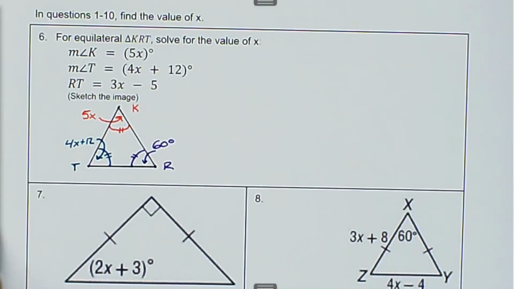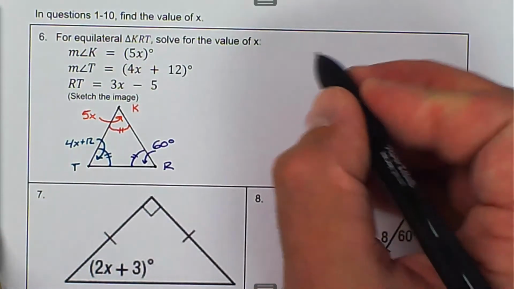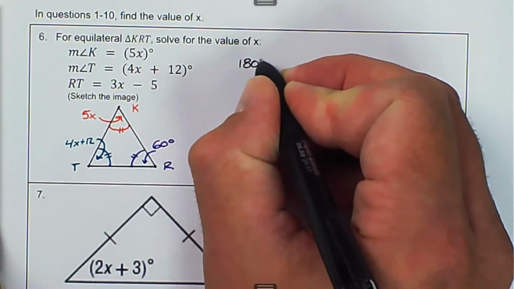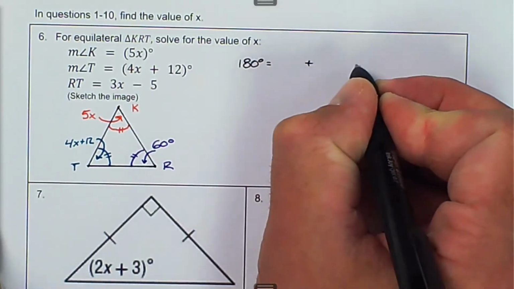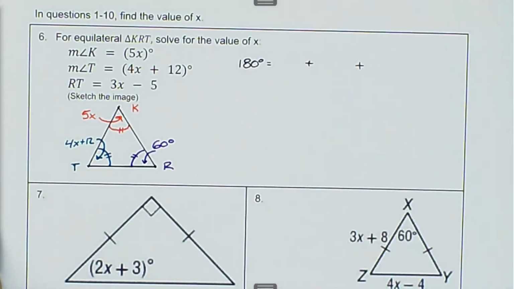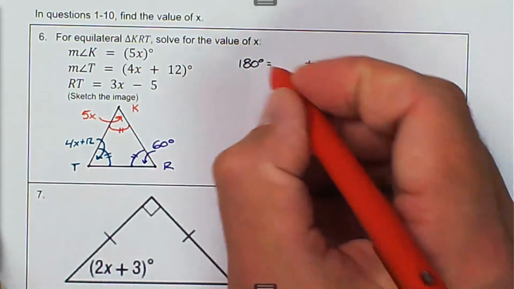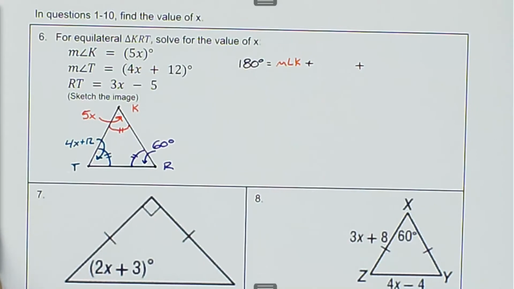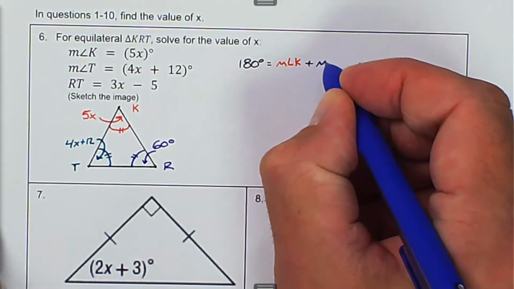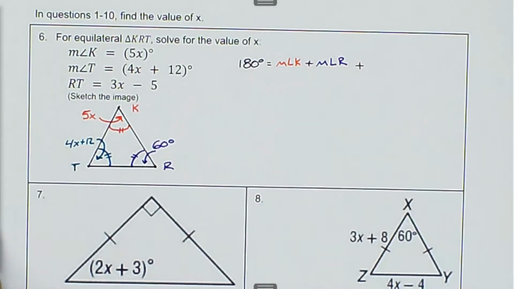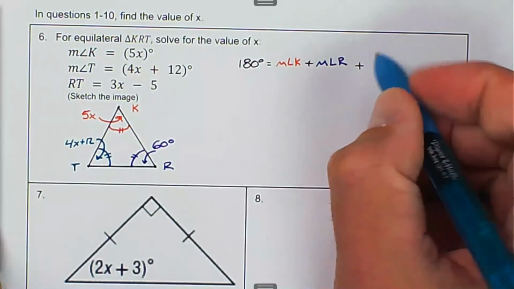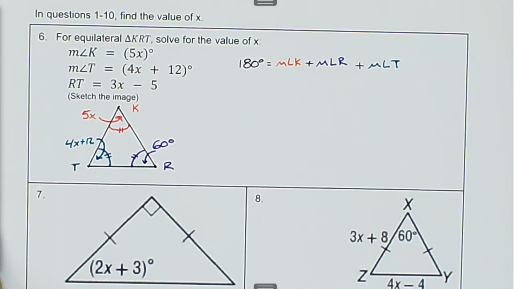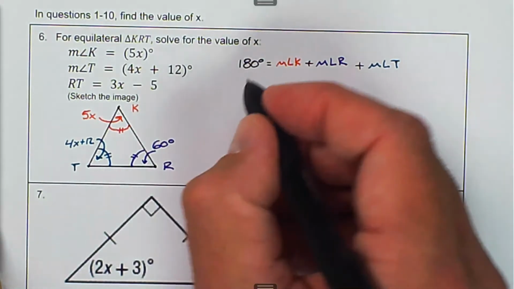Now we can use our triangle sum theorem, and we can solve for x. So we have 180 degrees is equal to all of the angles added together. So that is the measure of angle K, the measure of angle R, and the measure of angle T. And then we can substitute in the values that we know.